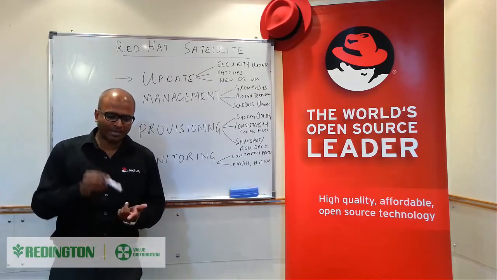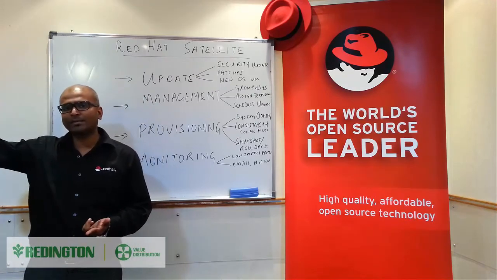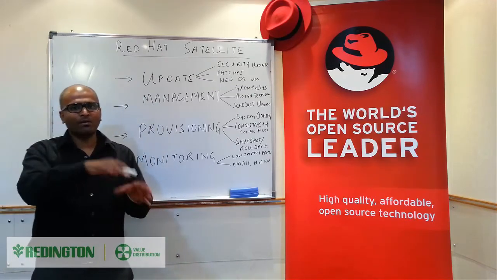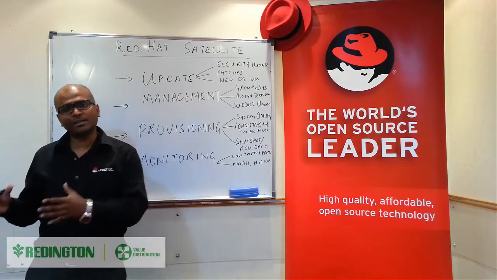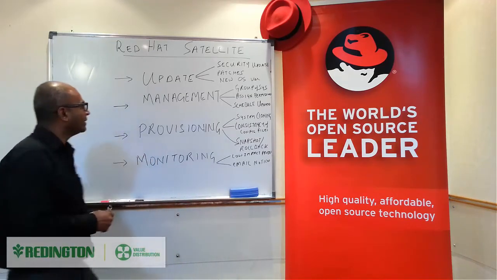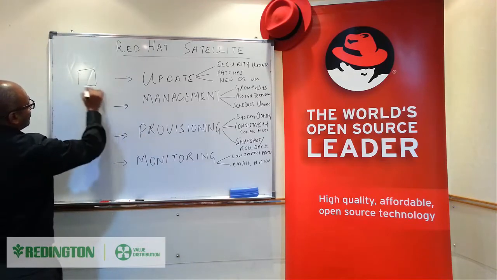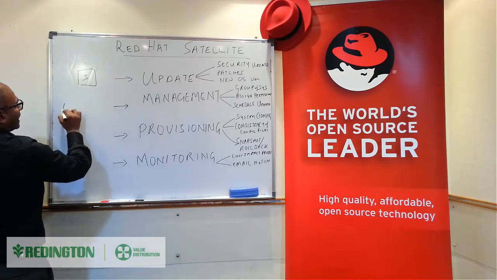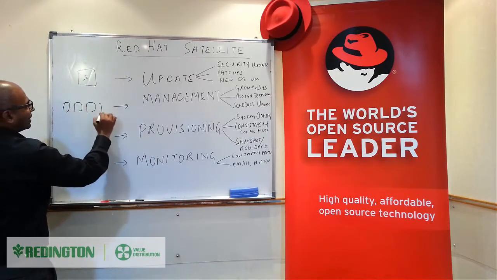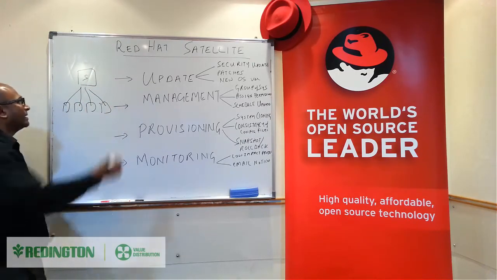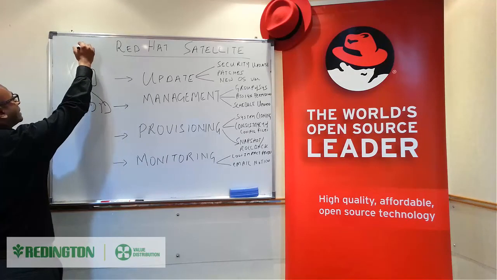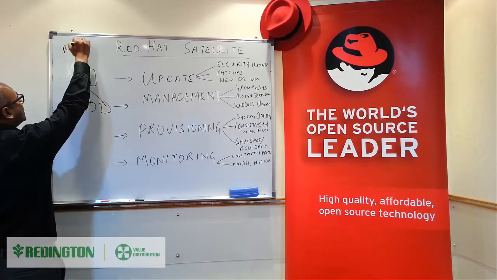So instead of connecting each system to internet for the update, what you do is you have one satellite server and all the systems will be connecting to the satellite server for the updates. So it's like this. You have one satellite server and all your RHEL boxes will connect to the satellite server for updates, and satellite will get updated using Red Hat network.